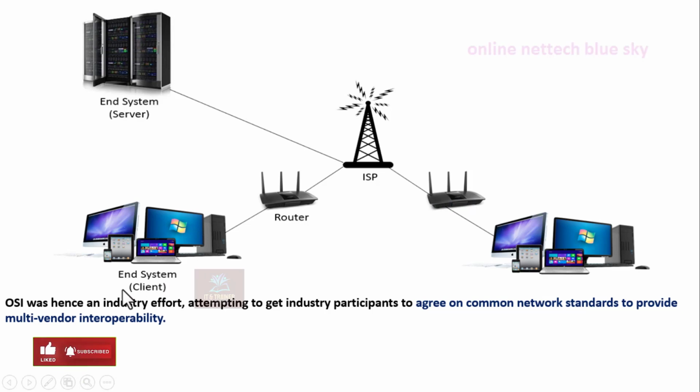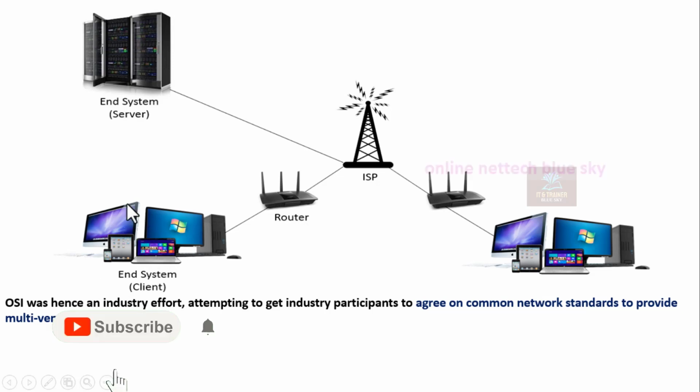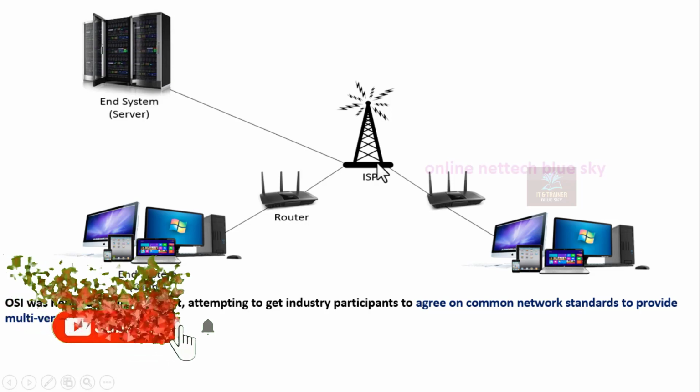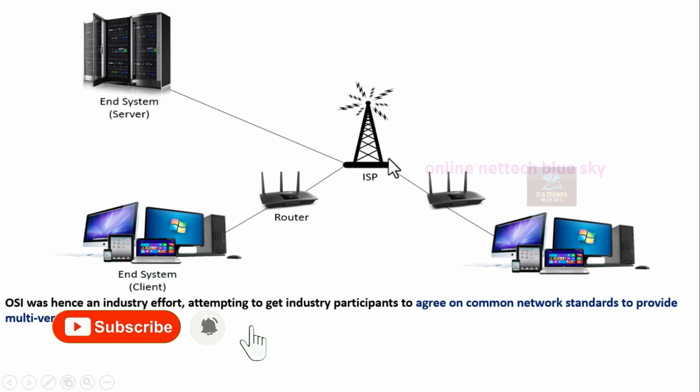Because I only created an internal network, where one computer communicates with another computer inside. This is my internal communication, completely transferring data inside, but the internal structure is not outside.